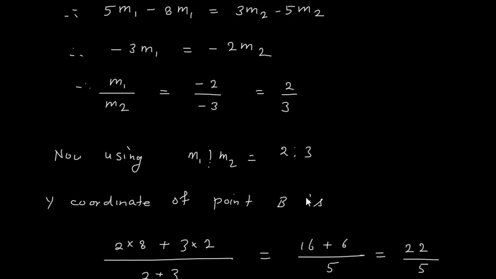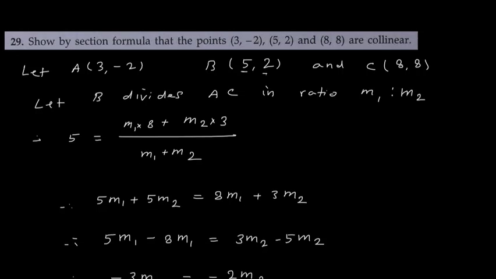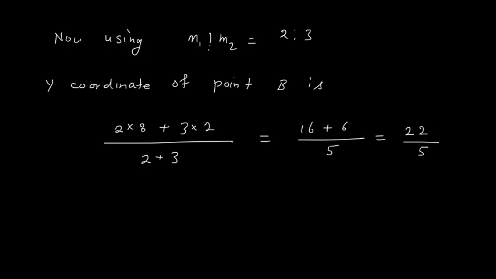Let us check again. Here it is not 2, it is minus 2. So 3 into minus 2 is minus 6, this is not plus this. 16 minus 6 is 10, so this is 10 divided by 5, so 10 divided by 5 is 2, which is the given y coordinate.